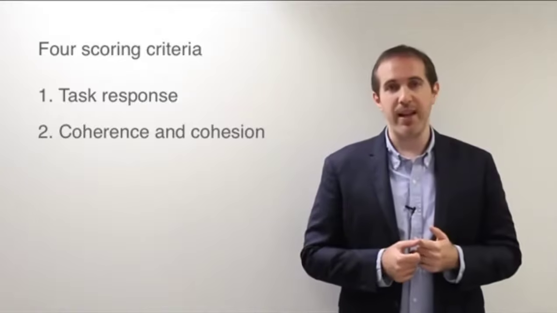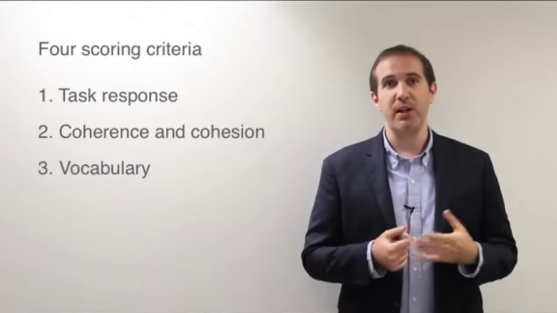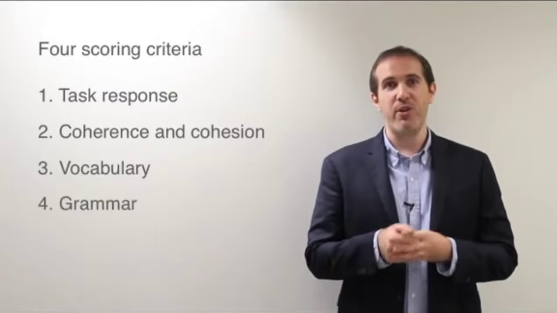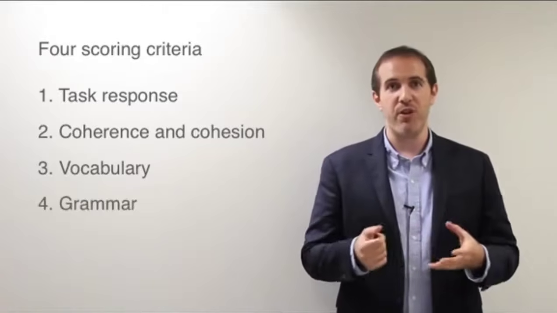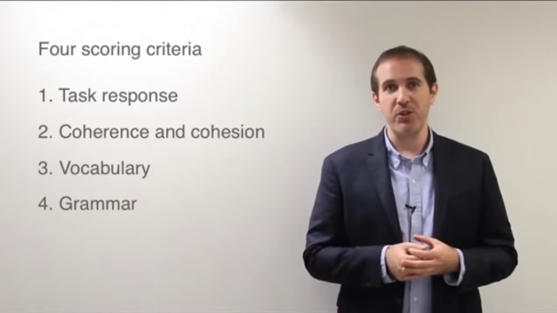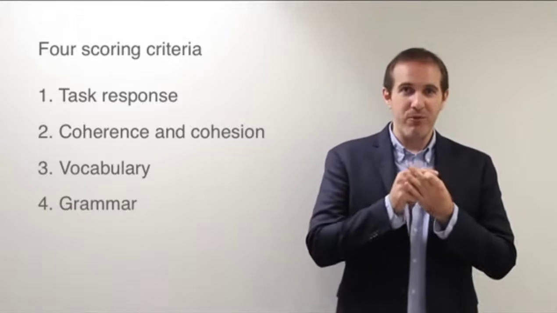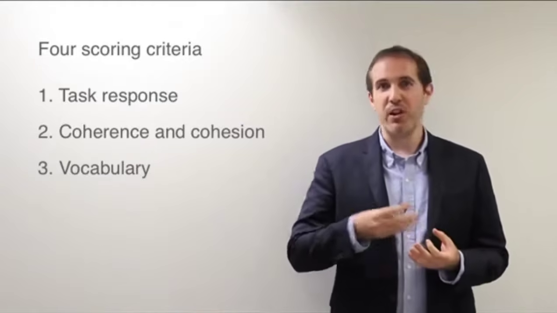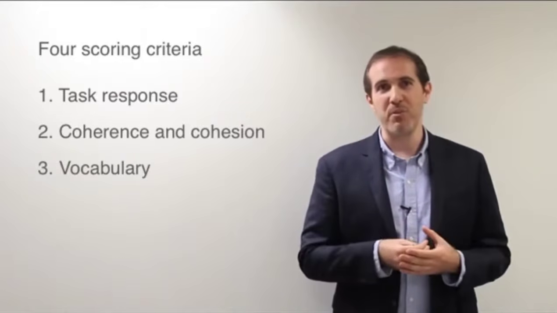The third thing is vocabulary. IELTS examiners call this lexical resource, but it really just means vocabulary. And the final thing is grammar. They call it grammatical range and accuracy, but it's a grammar score. Now, I tell my students to focus on the first 3, to forget really about the grammar. You can improve your grammar only very slowly, in my experience, gradually reducing the number of mistakes you make.